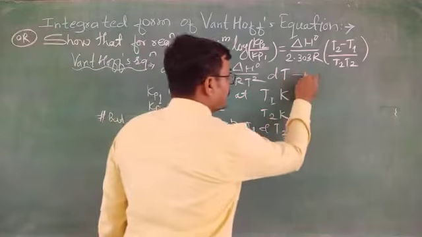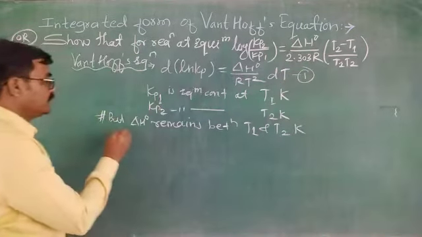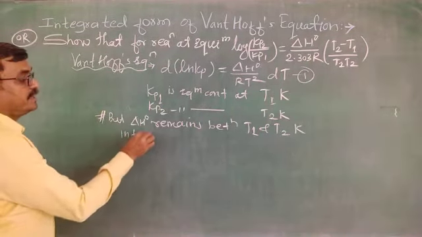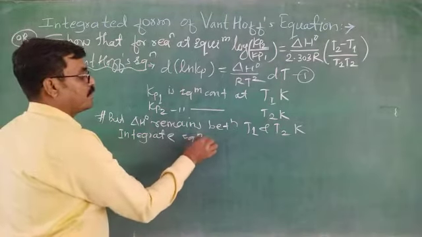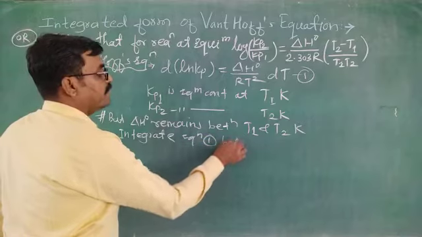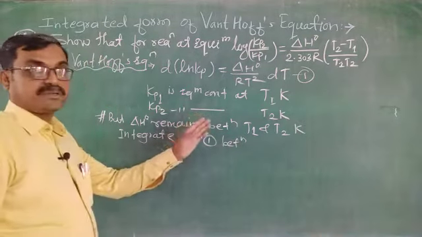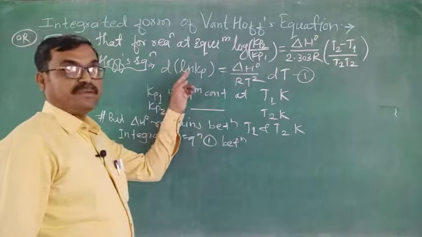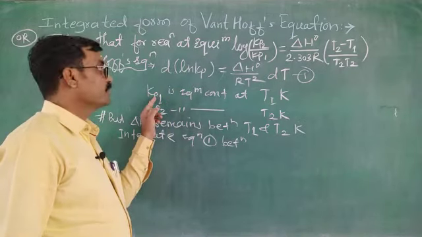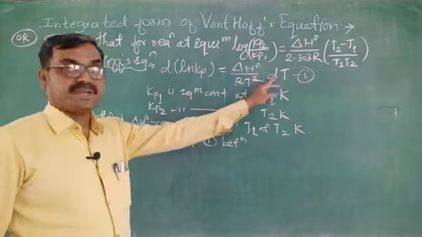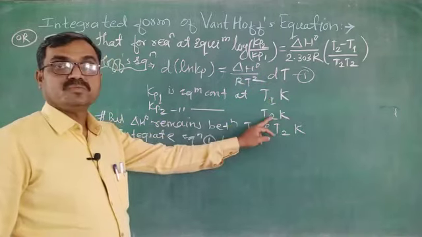Now integrate this equation, that is Van't Hoff's equation, between limits Kp1 to Kp2 and limits of temperature T1 to T2.